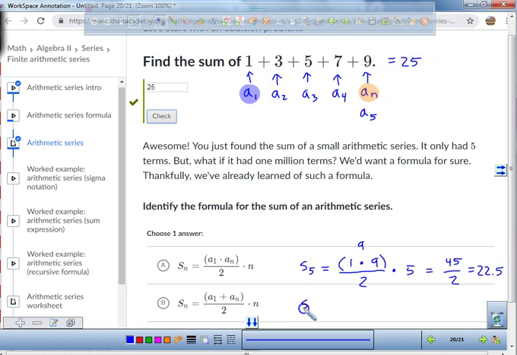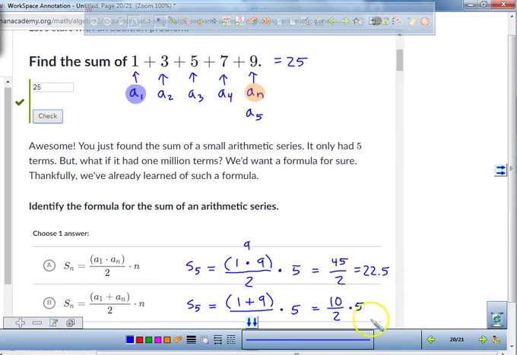Here we go. The bottom one, we're not going to multiply, we're going to add. We're adding the first term and the last term. And we're multiplying it by the total number of terms. 1 plus 9 is 10. 10 divided by 2 times 5 is 5 times 5, which gets us to a 25.